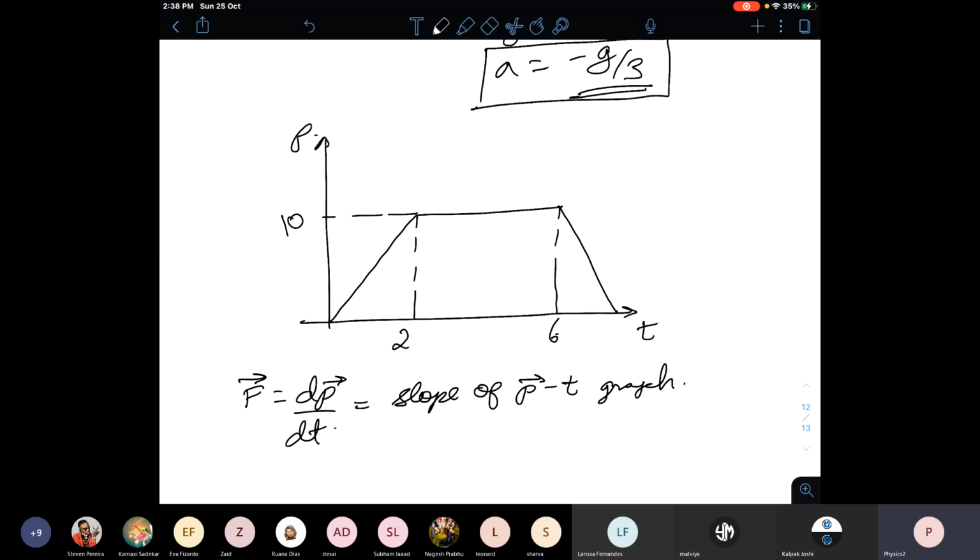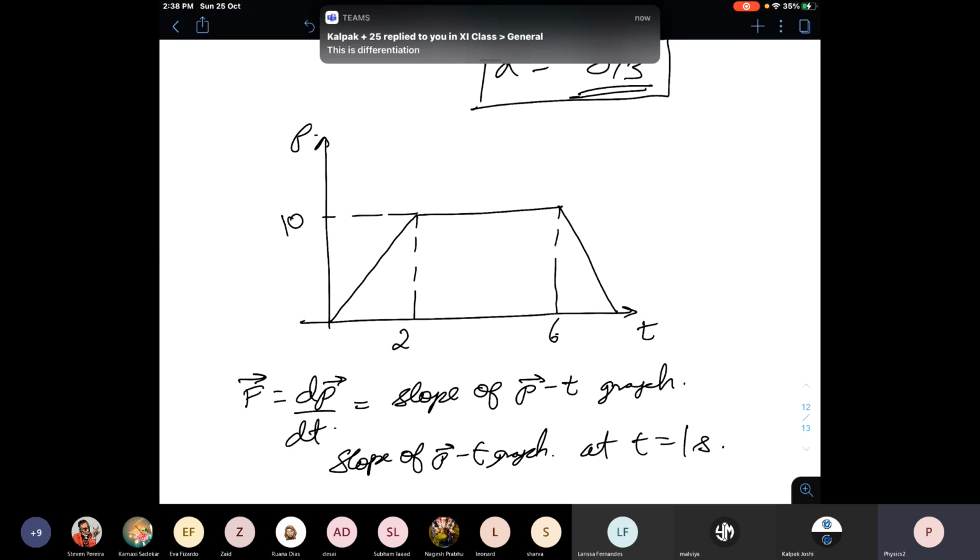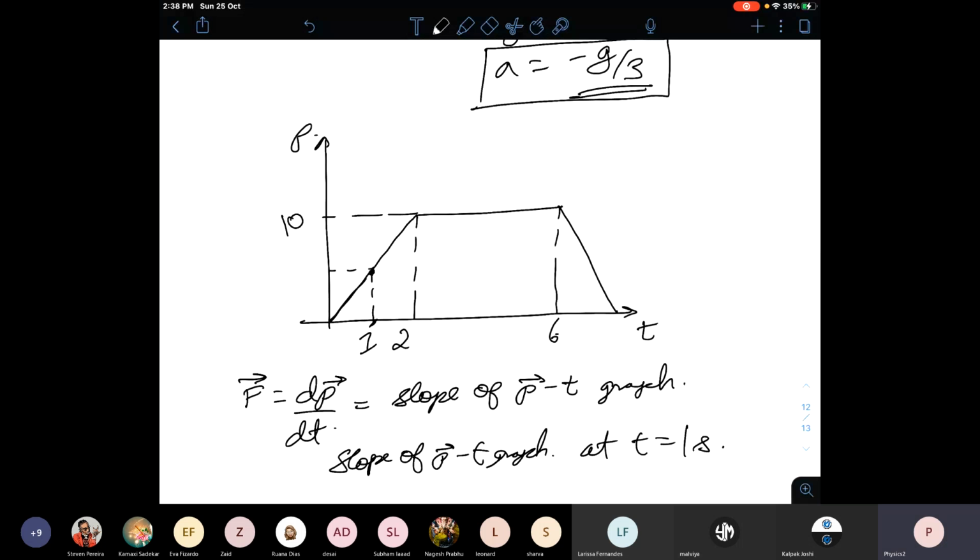So what the question is asking is the slope of the P-t graph at t equal to 1 second. Yes, this is differentiation, this is the use of differentiation. So at 1 second, if you see, this straight line is there, the tangent to this straight line is this straight line only.